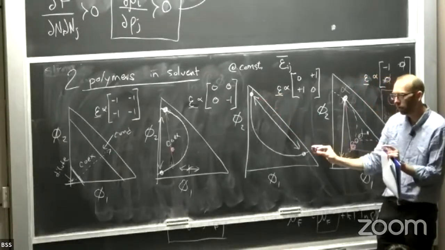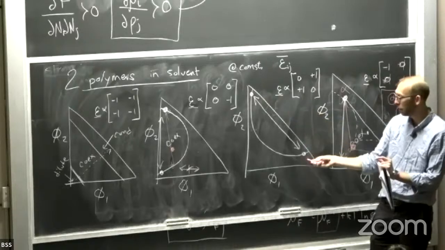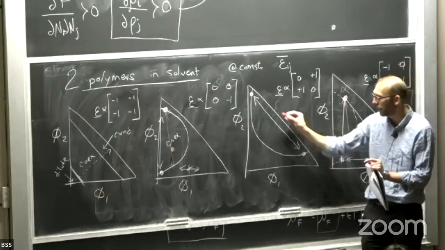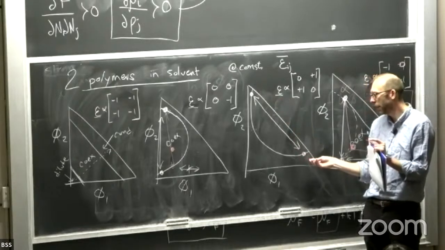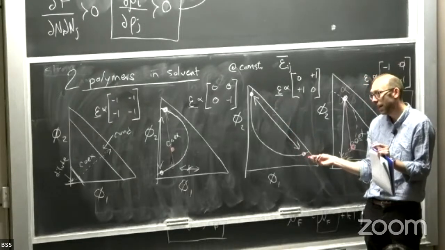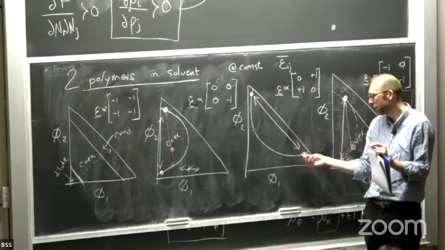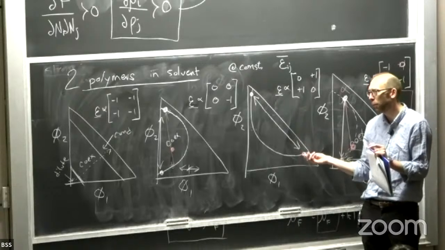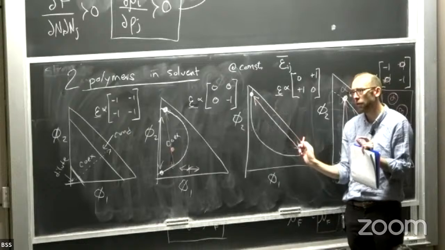And so at that point, if this is my picture, I have my two different phases, which each one technically still has solvent, polymer 1 and polymer 2. It's just that this one is mostly polymer 1, this one's mostly polymer 2, and there's a little bit of solvent in both.